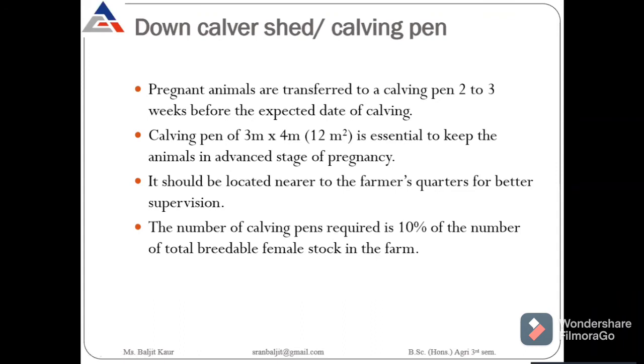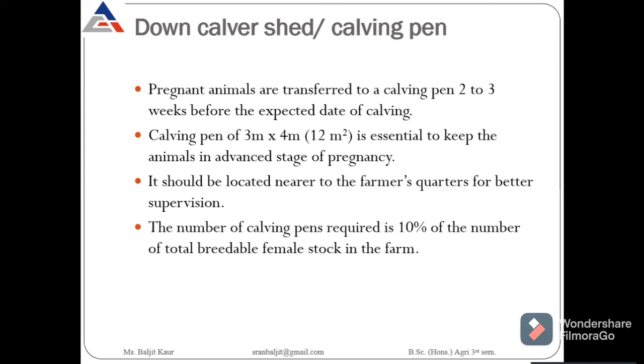Then down cover shed or calving pen. When the animals are pregnant and they need some more space, they are transferred to a calving pen 2 to 3 weeks before the expected date of calving. In this area they can move freely, right? They can feel better, they can feel free in these kinds of sheds. So 2 to 3 days before their expected date of calving, they should be transferred to a calving pen.